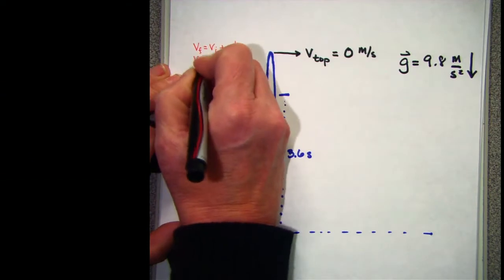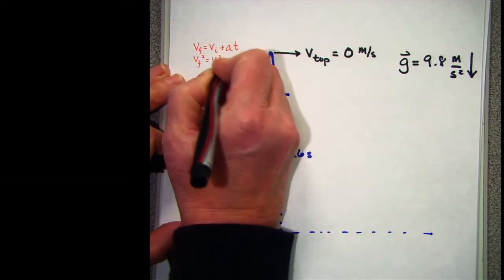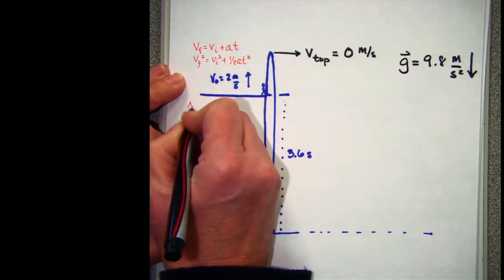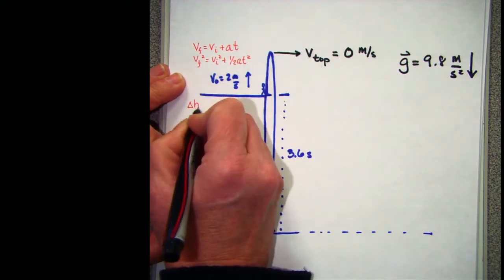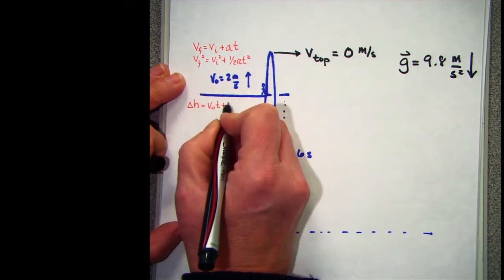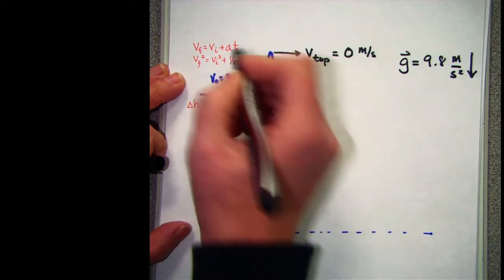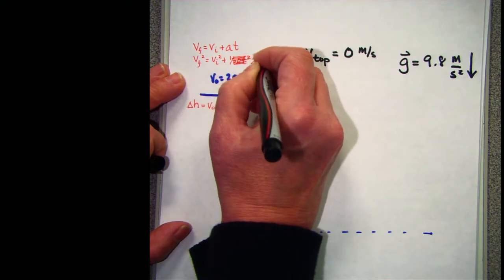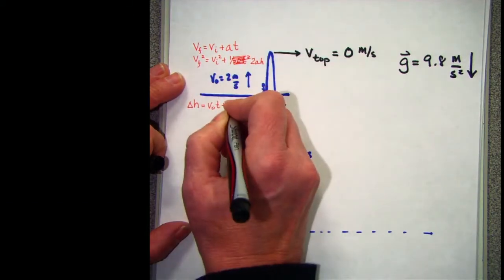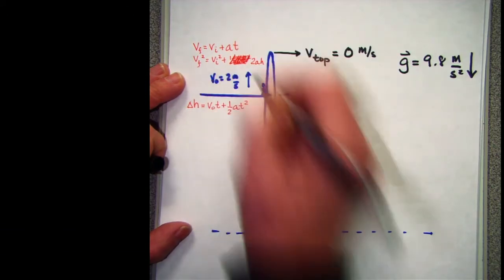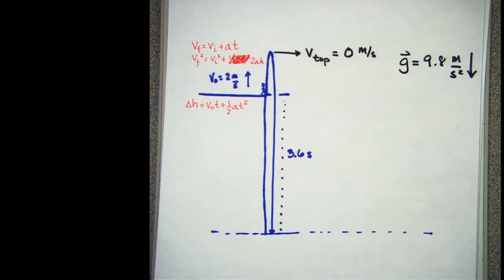V final squared is equal to V initial squared plus 2 times acceleration times the height. And the change in position, which we're going to call the change in height, is going to equal V initial times time plus 1/2 AT squared. I have my 3 kinematic equations that I can play with.